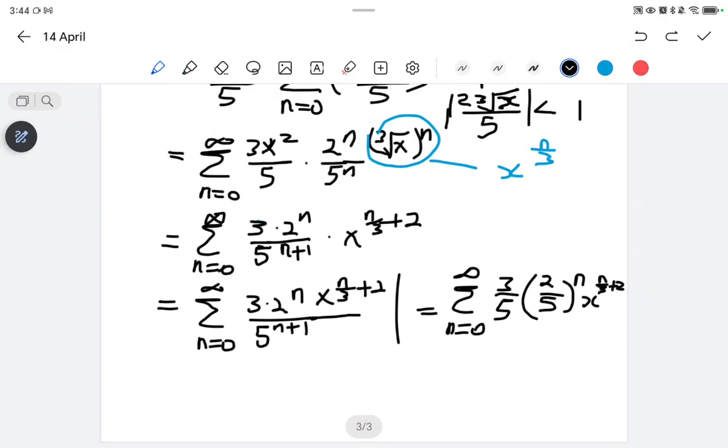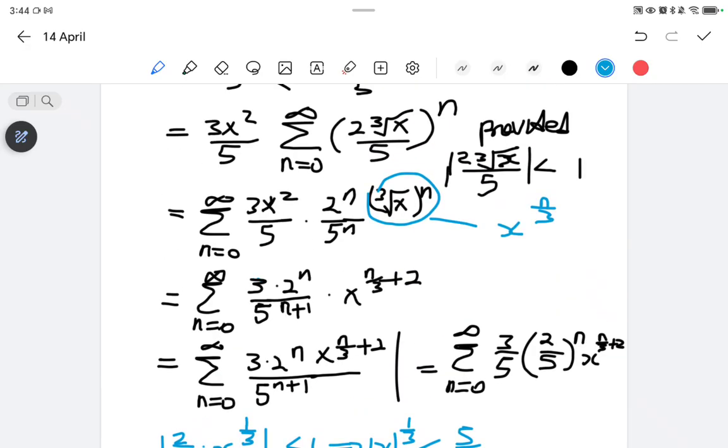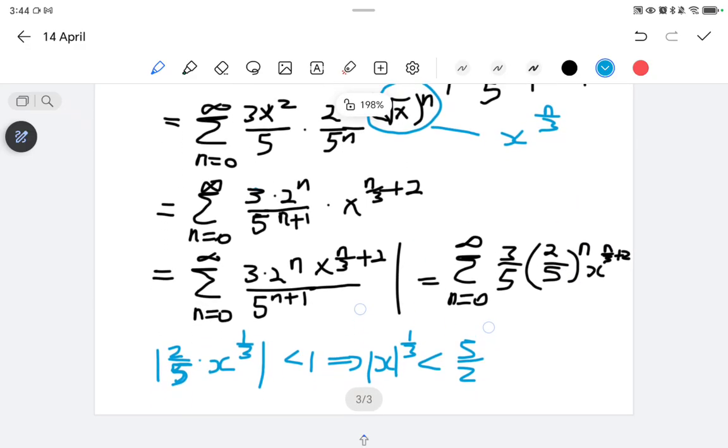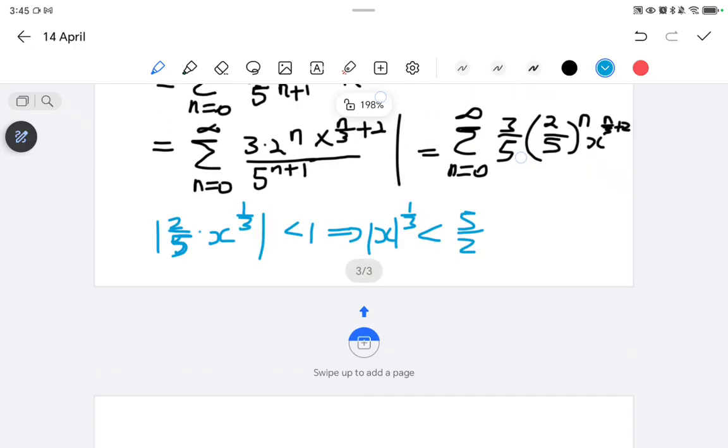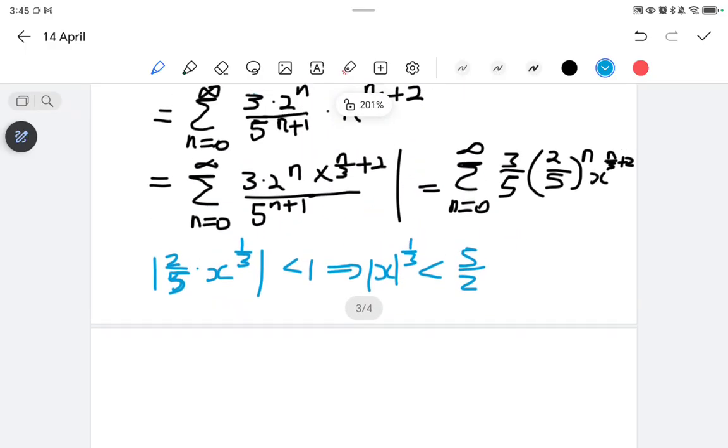But for the interval of convergence, we know that we're supposed to take this 2 over 5 times x to the 1 over 3 plus 1, which would imply that we have x to the 1 over 3 absolute value, which is less than 5 over 2. This means that for us to cancel that, we must cube both sides.